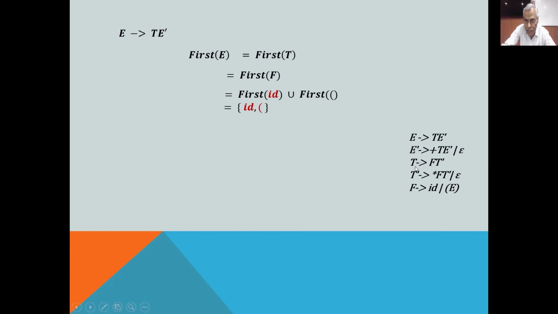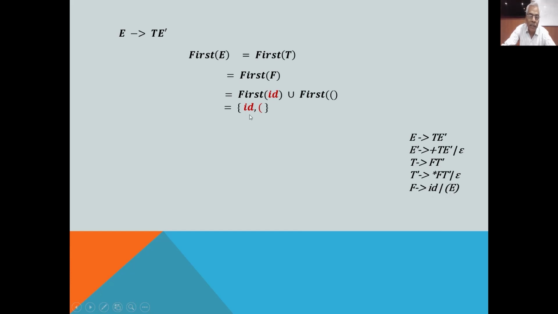So first of T equal to first of F, and we know the terminals of first of F: ID and opening bracket.